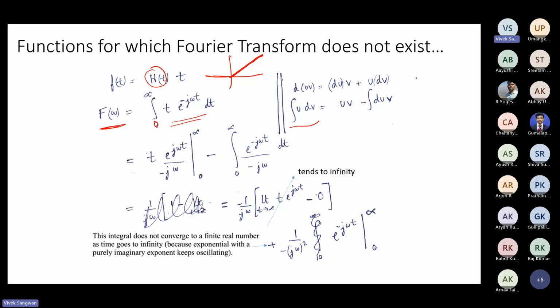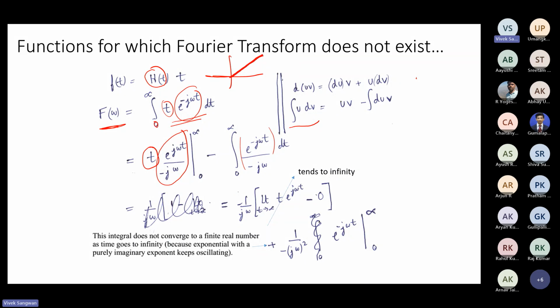You keep the first function as it is, and you write down the integral of the second function. Then minus the integral of the derivative of the first function, which is 1 for t, times the integral of the second function. Which is the same as what is written here, with proper limits, 0 to infinity.